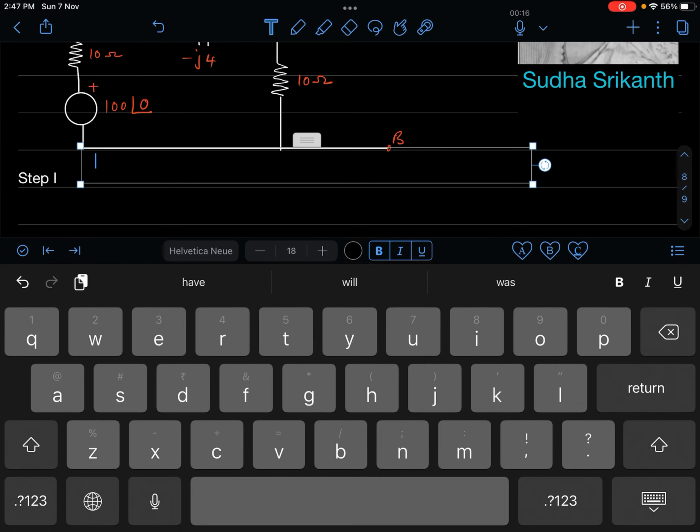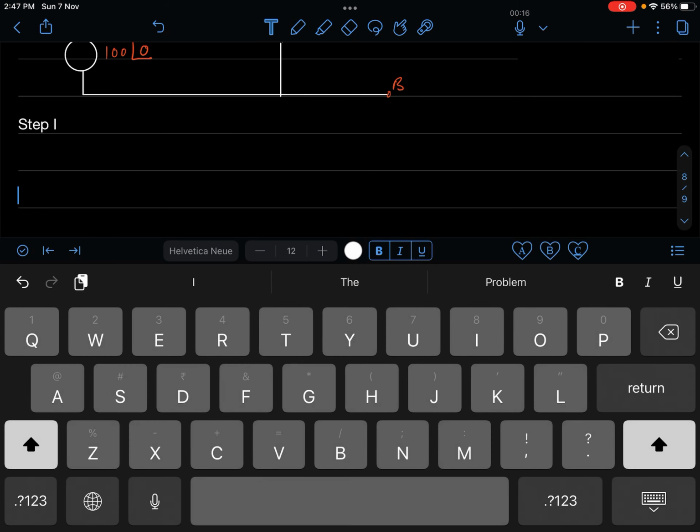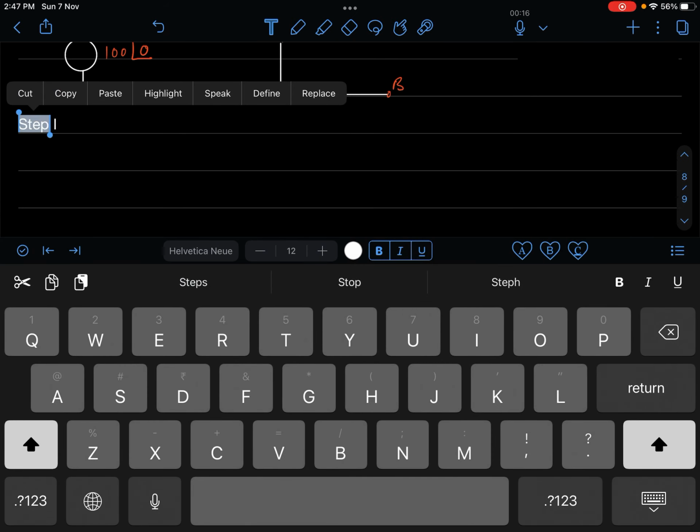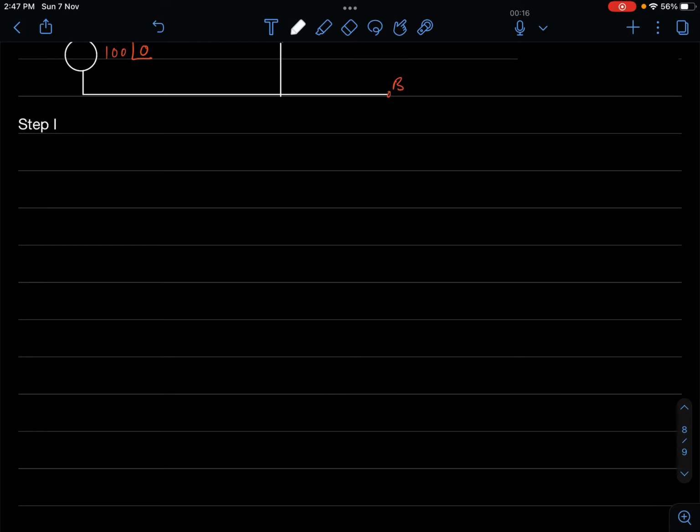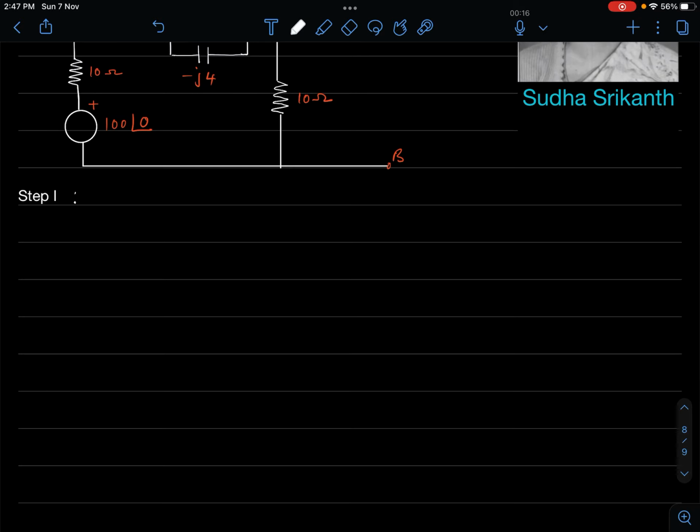This is not working. This color I am not able to pick for some reason. What do I do? Sometimes these things pose a lot of problems to me. Okay, let me write only.